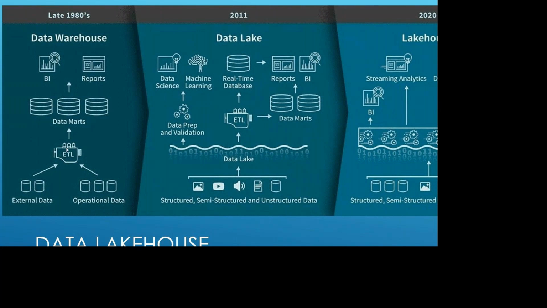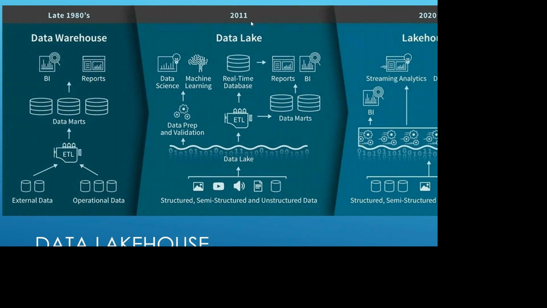And this data is stored in these data marts, depending on their domain. It may be different subject areas, like sales data, inventory data. And this entire step may be, as I told you, a data warehouse or a data mart. This is the late 1980s.